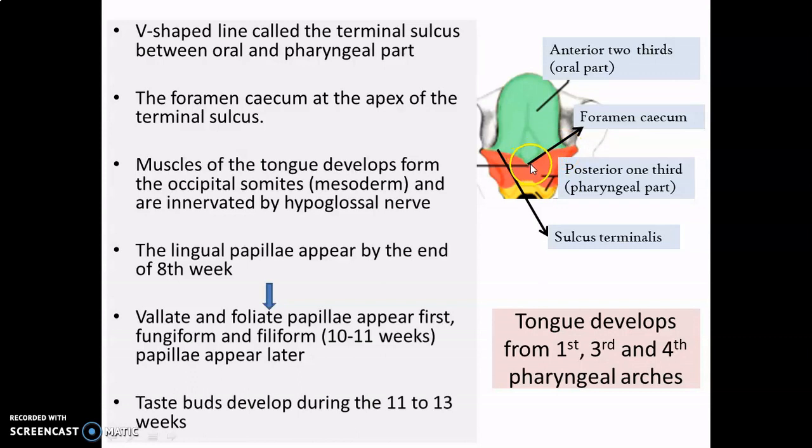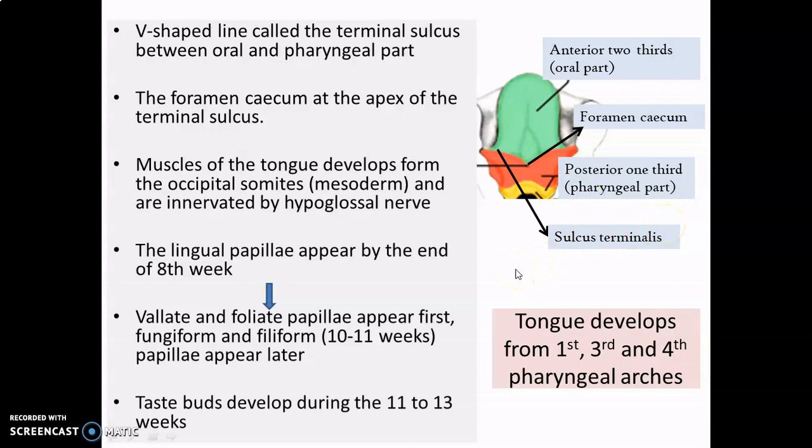At the apex of this sulcus terminalis there is the foramen cecum. The ventral aspect of the foramen cecum is associated with the development of the thyroid gland. That's why if there is any disturbance in thyroid development, thyroid tissue might be present in this region of the tongue, which is known as lingual thyroid.